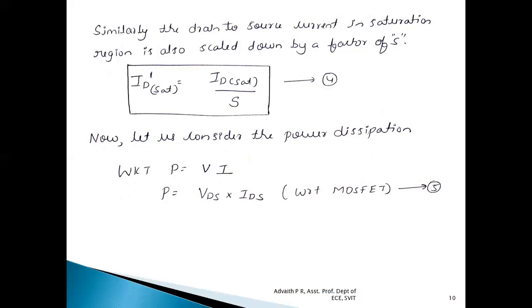We already know that the generalized equation of power is given by the formula P is equal to V into I, voltage multiplied by current. With respect to our Mosfet, let us consider this particular equation. Power will be equal to drain to source voltage multiplied by drain to source current.